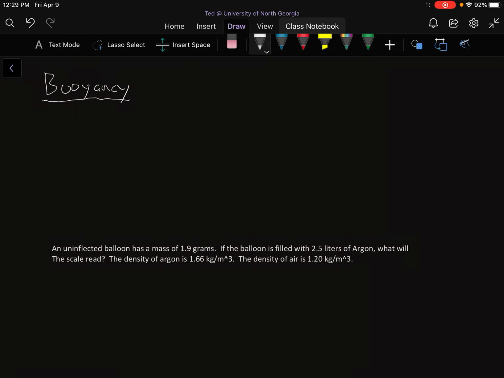Okay, buoyancy says that anytime you have an object that is either submerged or partially submerged in a fluid, so let's imagine we've got a boat here, and it's partially submerged in a fluid. What buoyancy says is that that fluid is going to push up on the submerged object.